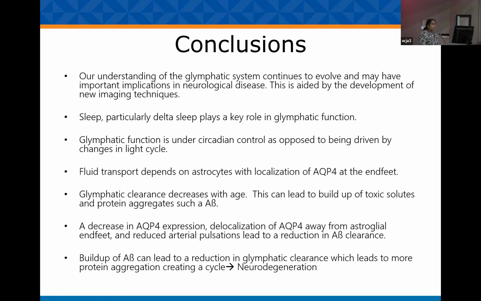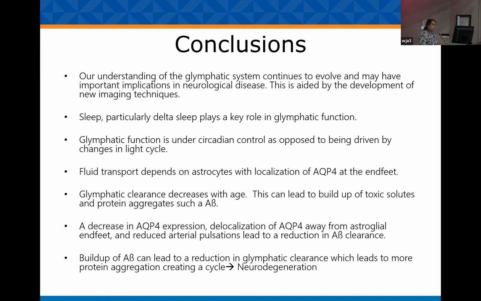So in conclusion, our understanding of the lymphatic system continues to evolve and may have important implications in neurological disease. New imaging techniques. Sleep, particularly delta sleep, plays a key role in lymphatic function. Lymphatic function is under circadian control as opposed to being driven by changes in light cycle. Fluid transport depends on astrocytes with localization of aquaporin 4 at the end feet.